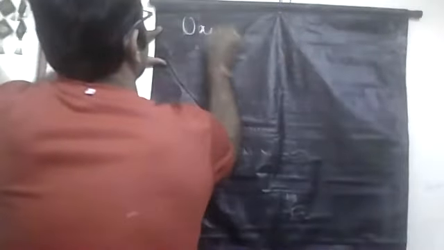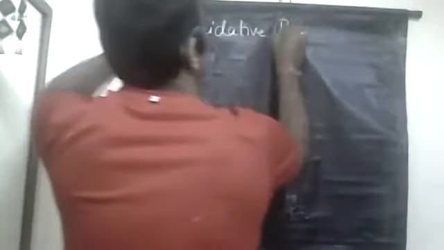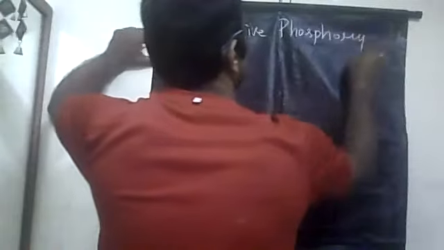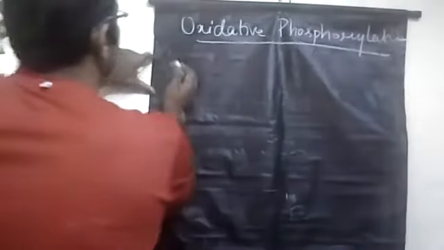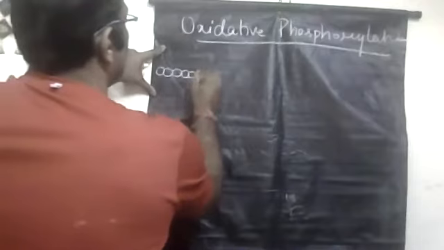Now all of you will draw this diagram that I'm writing on the board, which is about the topic called oxidative phosphorylation. Very, very important for the examination. Please read properly. You should draw phospholipids. All of you draw along with me now.